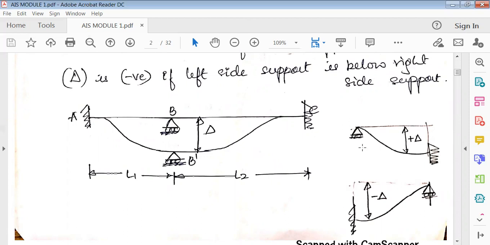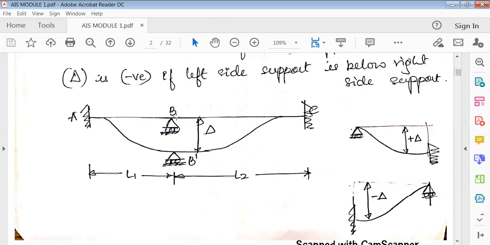If the right support is sinking, then it is plus delta. That means the delta value you should consider as plus. Similarly, if the left support is sinking, going down, then it is minus delta. This is very important. Initially it is all in a straight line here. When there is sinking, again in the question they have told support B sinks by 10 mm. So it's like this.